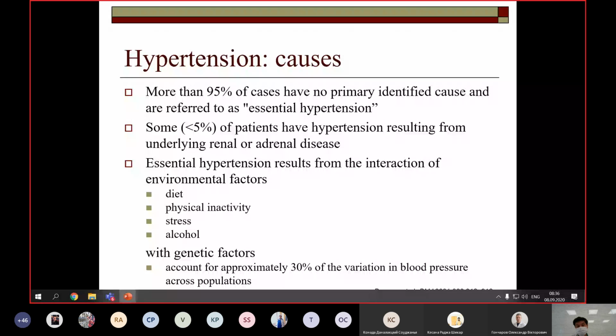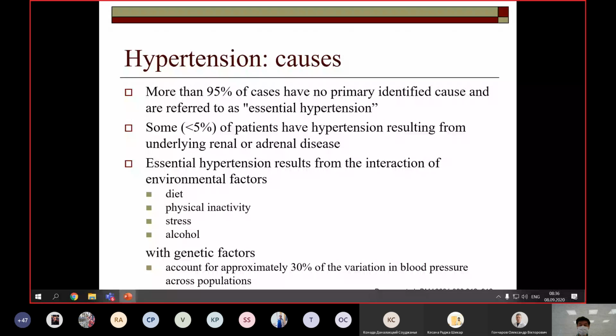For all these cases, the term essential hypertension should be used. In less than 5% of people, hypertension results from underlying renal and lung disease and other causes, which can be identified in these patients. For these cases, arterial hypertension should be qualified as secondary. Essential hypertension is the equivalent of primary hypertension.